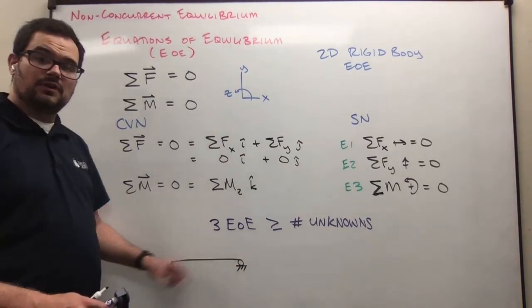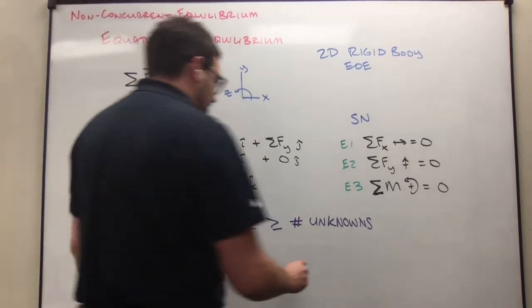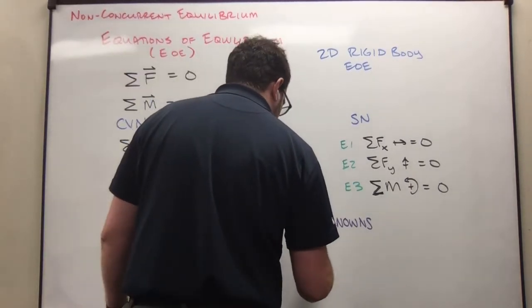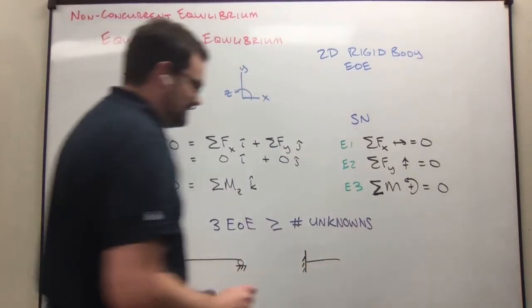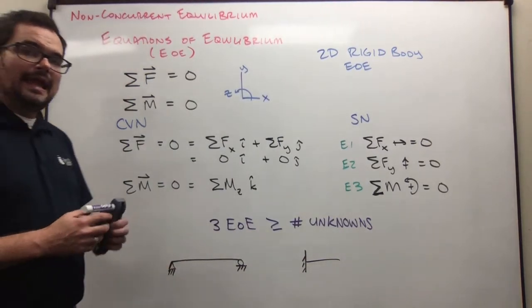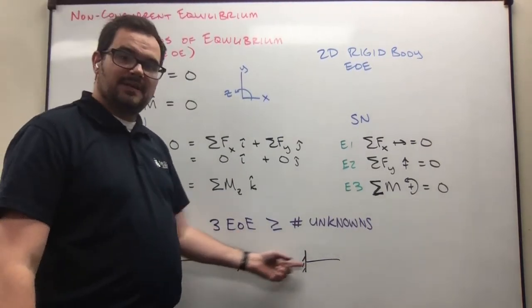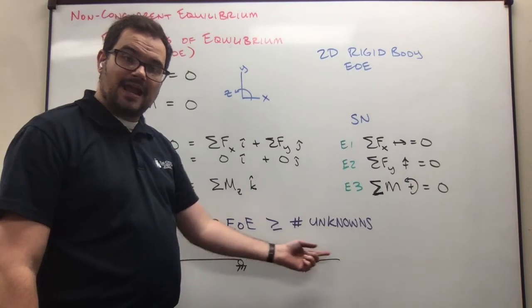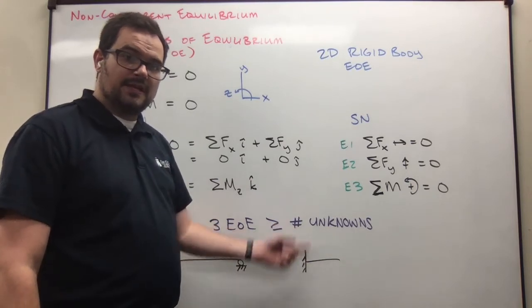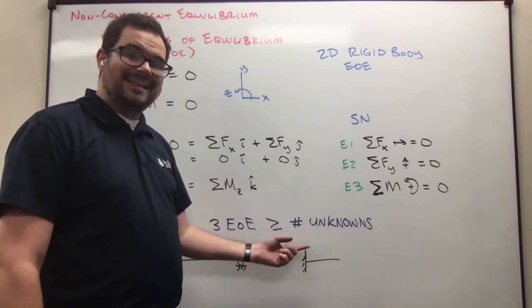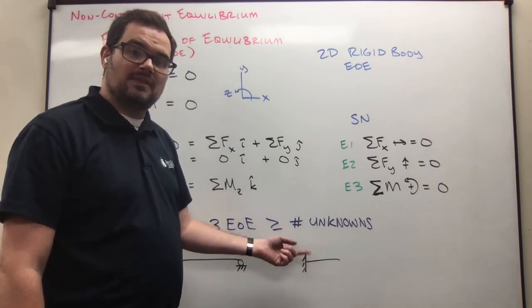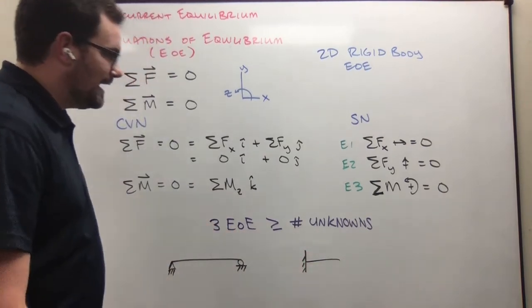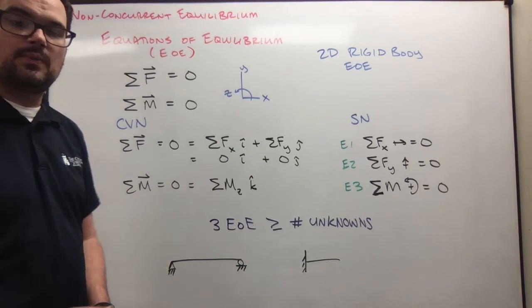So that's a total of three unknowns, so we can solve for that one. The other system we might solve for is a cantilever, like so, in which our three unknowns are going to be the horizontal reaction force, the vertical reaction force, and then also the reaction moment that resists rotation on this little cantilever. But again, that's 3 unknowns. That's something we can solve for.